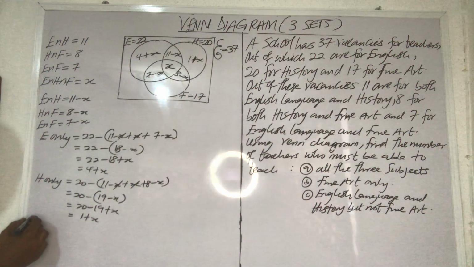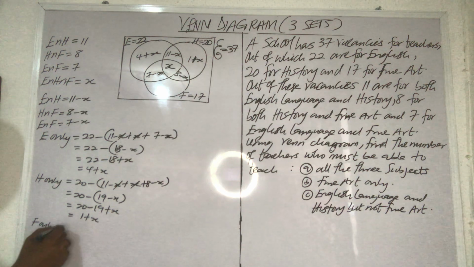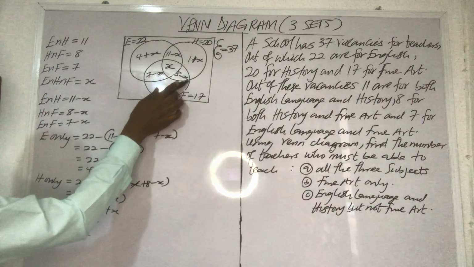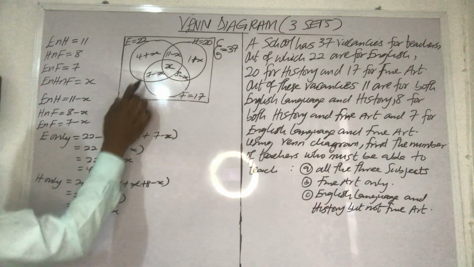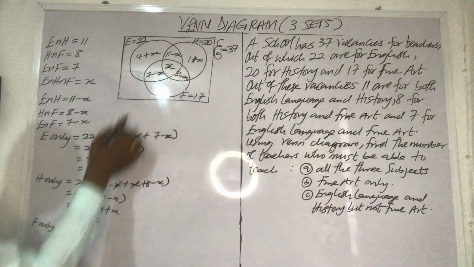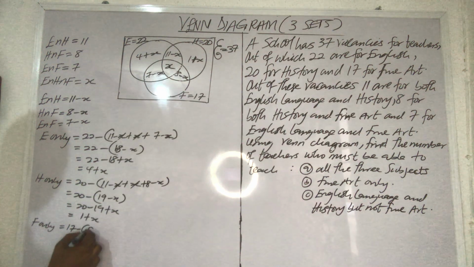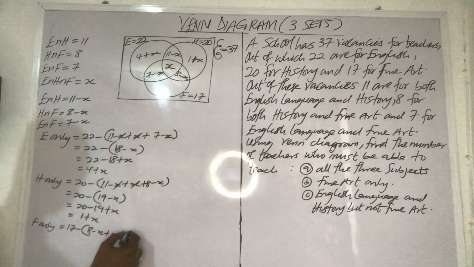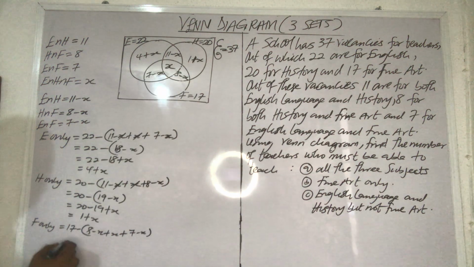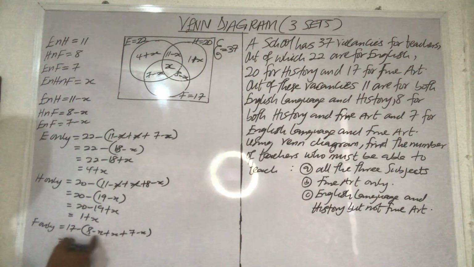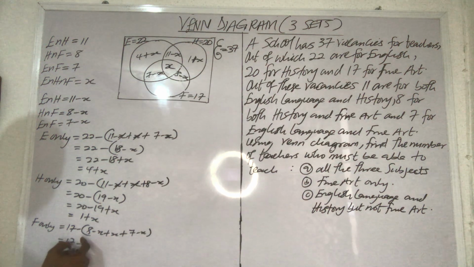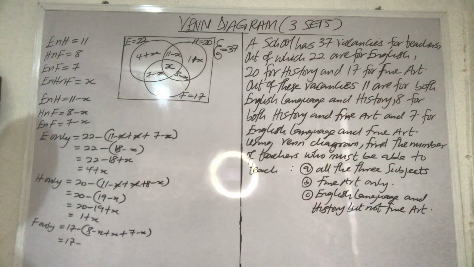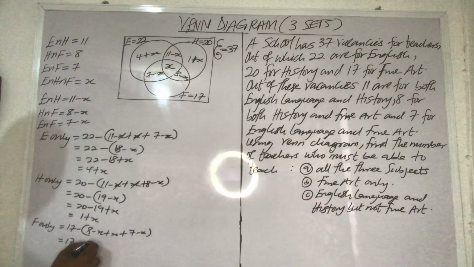Then to get fine arts only, that will be 17 minus all the members in the fine arts, which are 8 minus x plus 7 minus x. So 8 plus 7, that's 15.